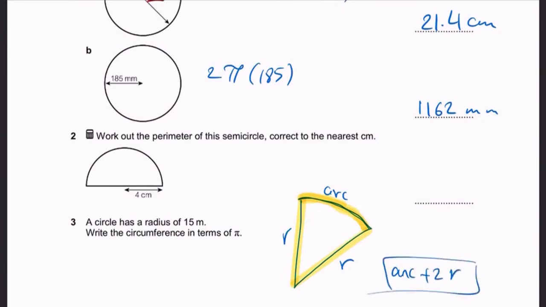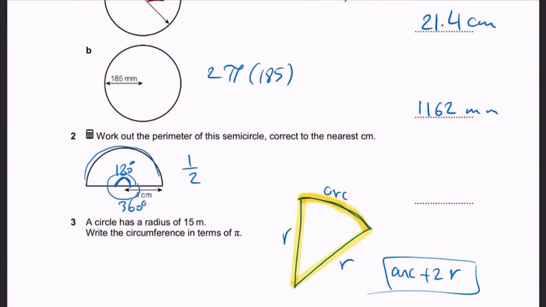So here we are going to find the arc. This is half directly. Why half? Because what is the angle of this sector? 180 degrees. And what is the angle of the circle? 360. 180 over 360 equals half.